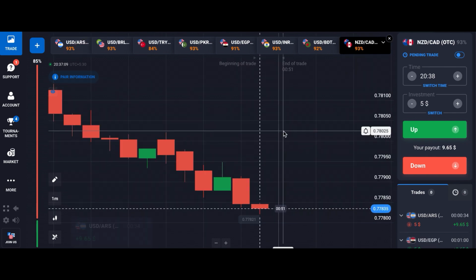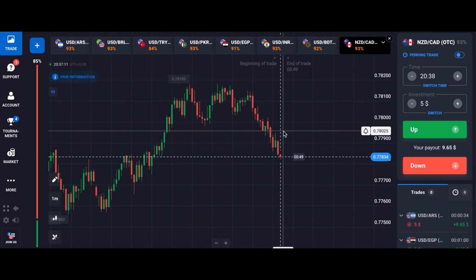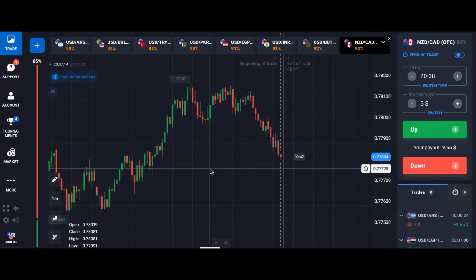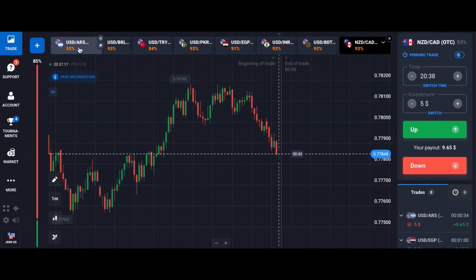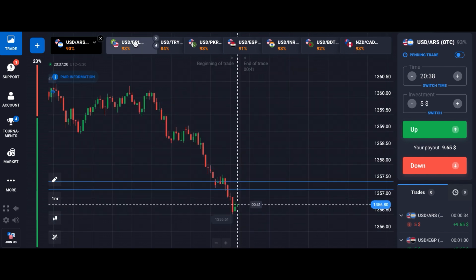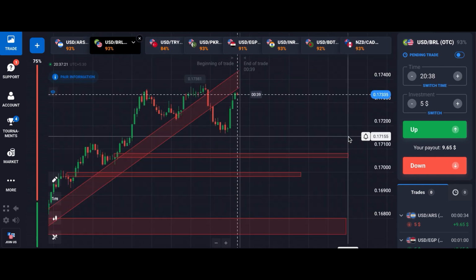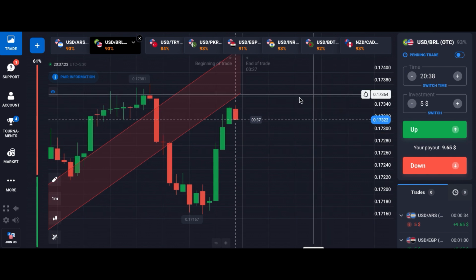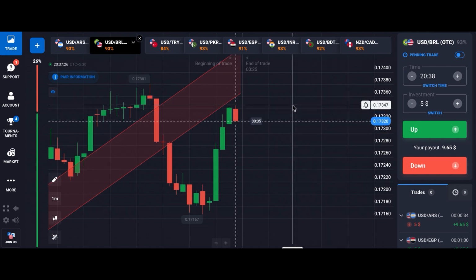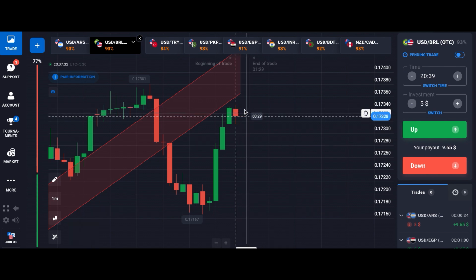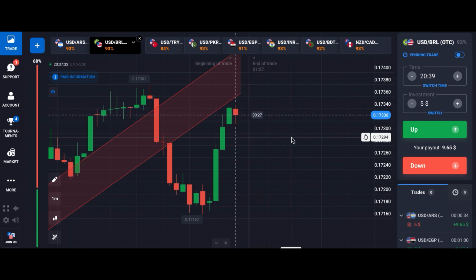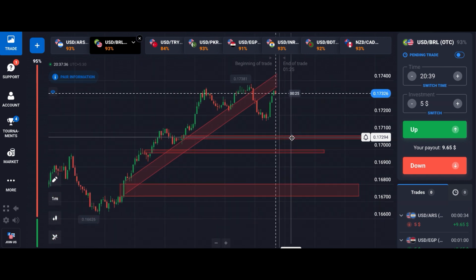Okay, so let's move to another chart to find any kind of opportunity if there is. Okay, from here the market has already gone down. If this candle closes in green, then I will take the next candle in the down direction.